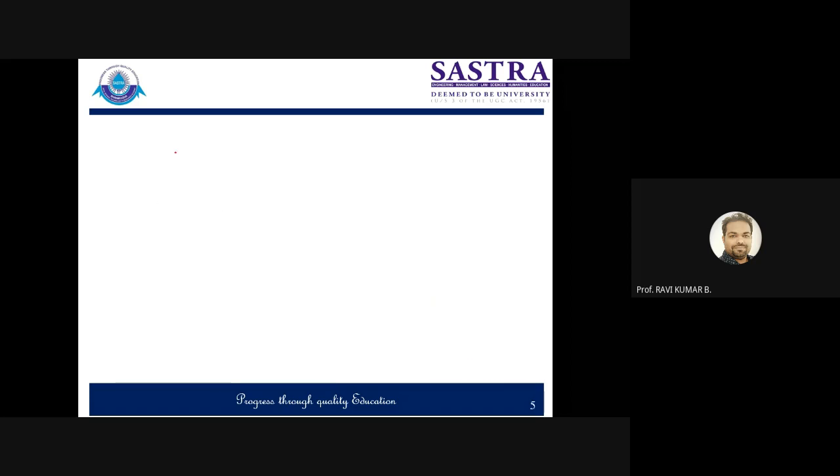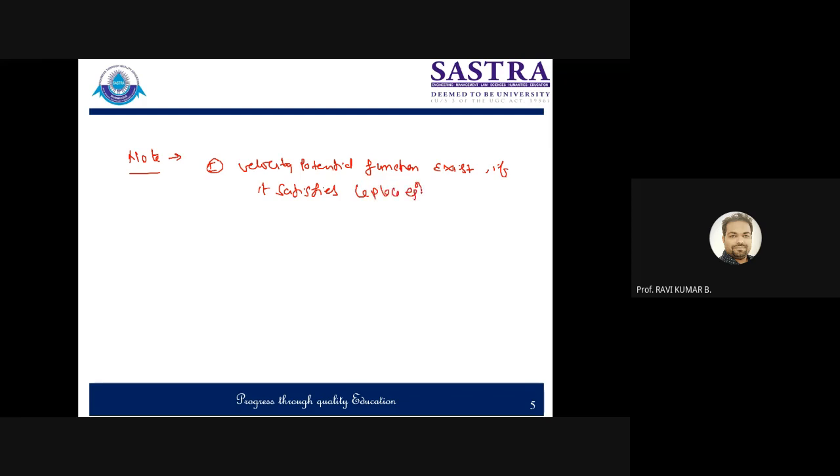So we can write two points here. One point says that velocity potential function exists if it satisfies the Laplace equation on phi.